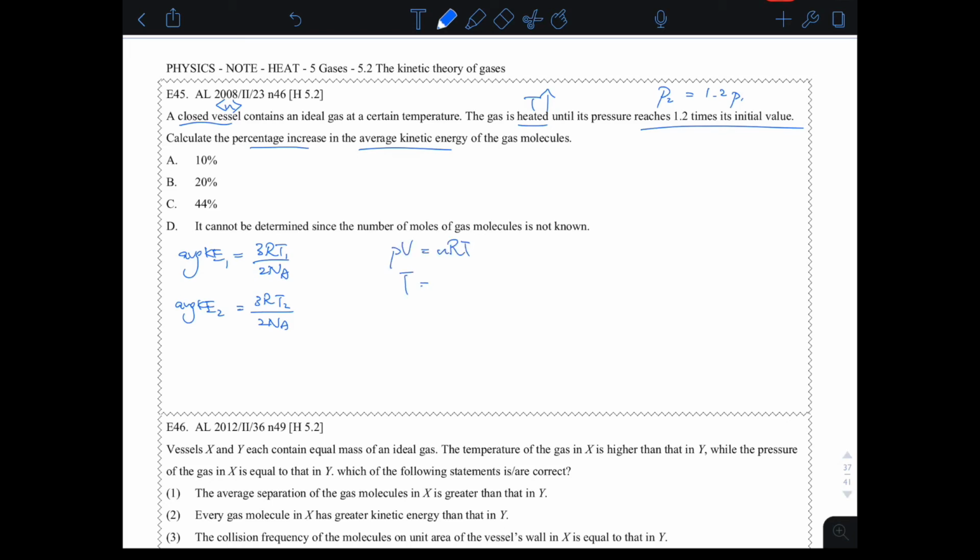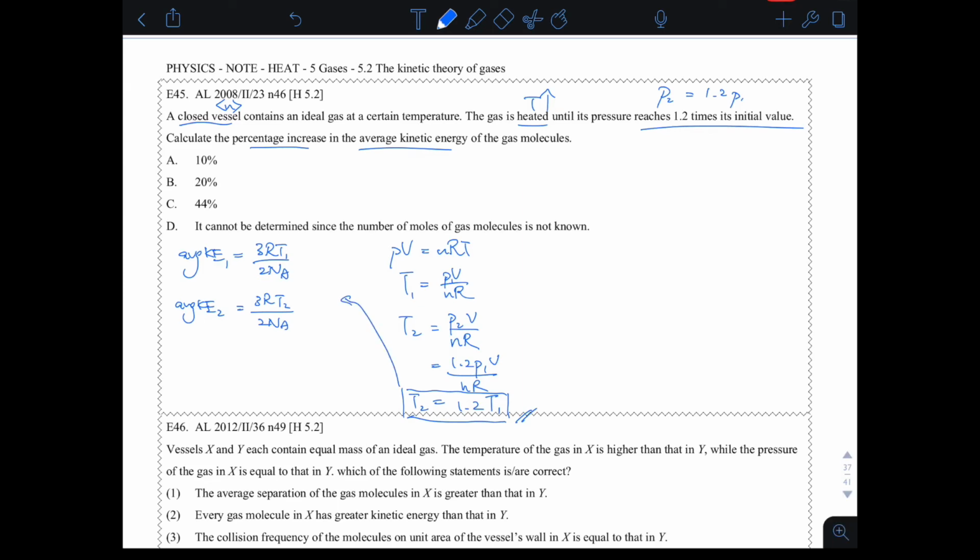So we may have to talk about this. PV equals nRT. We want to know the situation about the temperature, so we make temperature the subject. This is T1 corresponding to P1, and all the other things are the same. And T2 will be having P2 here, and all the other things are the same. That is 1.2 P1. So what we have is, in fact, the temperature is 1.2 times the initial.